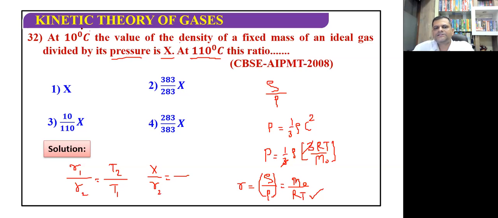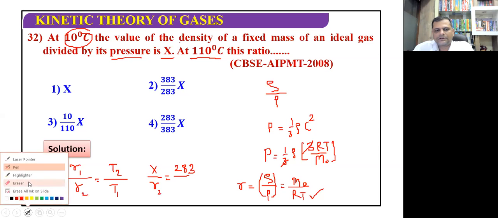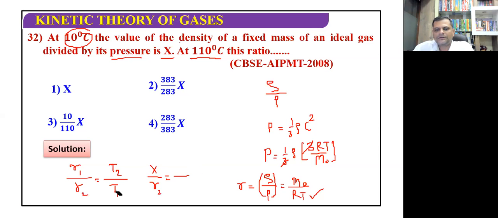T1 कितना दिया हुआ है यहाँ पे 10 डिग्री सेल्सियस दिया हुआ है, which can be converted into Kelvin by adding 273 in it, so as to get this as 283, and that is to be divided by T2, sorry T1, जो है वो हमको रखना होगा डिनोमिनेटर में इधर.